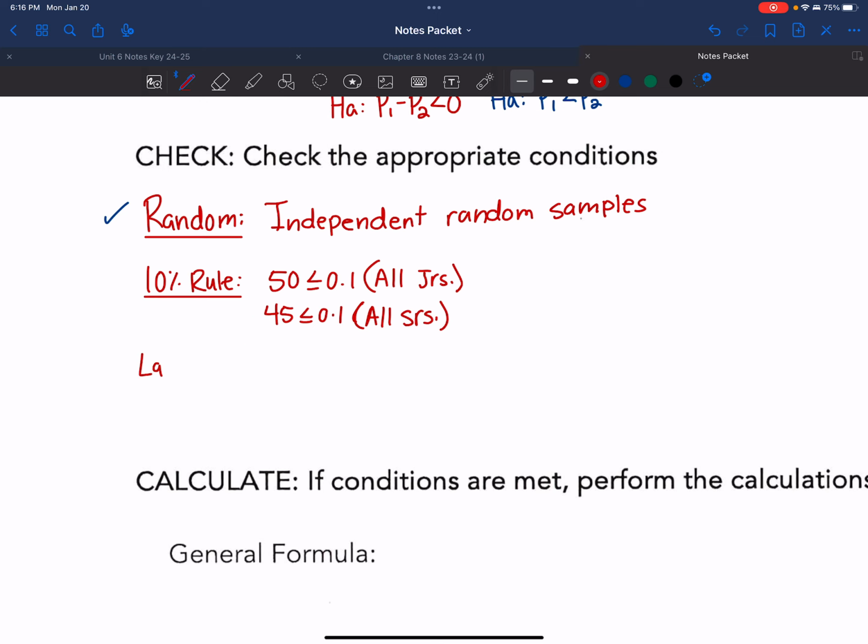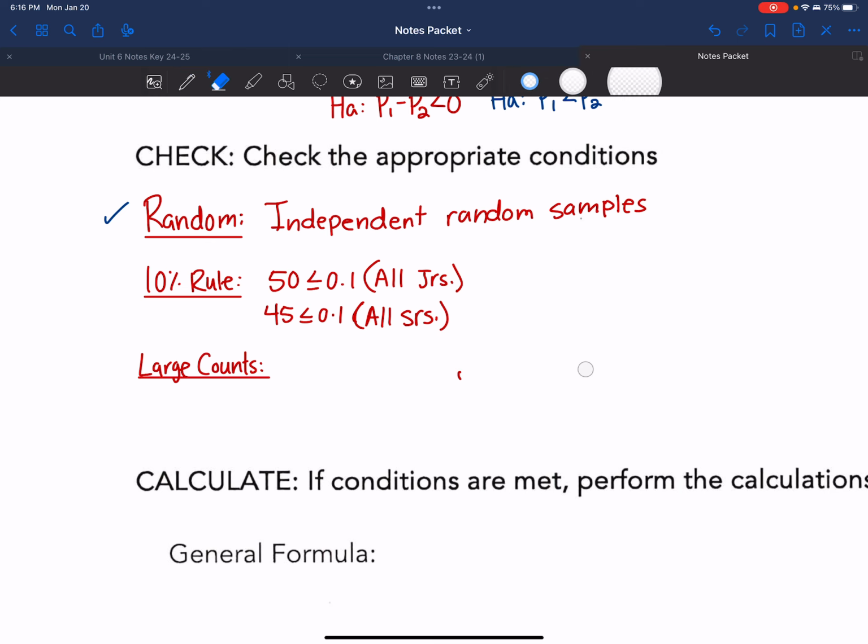And then the last thing is large counts. Now, this is where it gets a little bit different for a difference in proportions. Normally, we would just have n times p, n times 1 minus p, and we would do that for both groups, p1 and then p2.